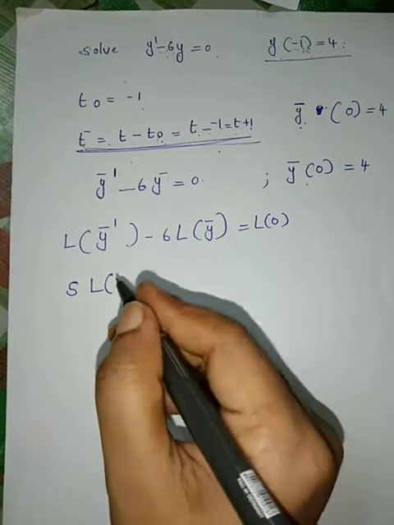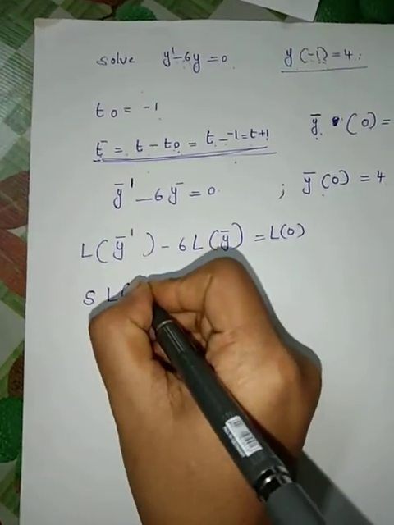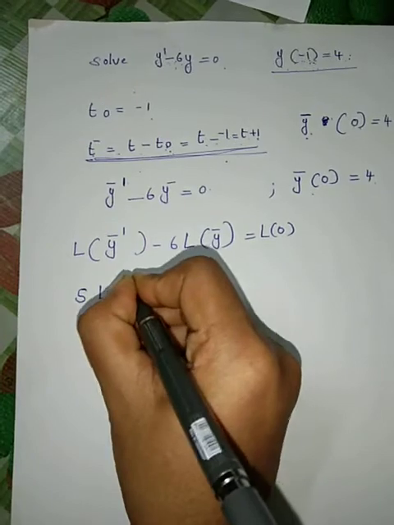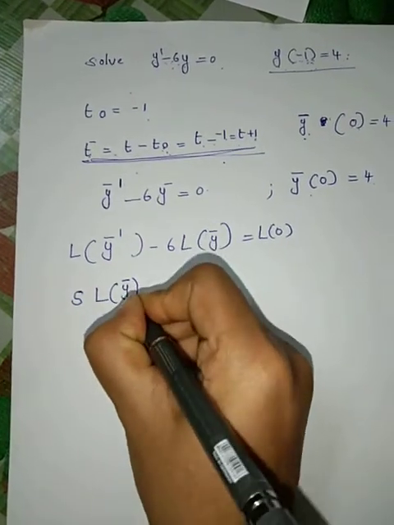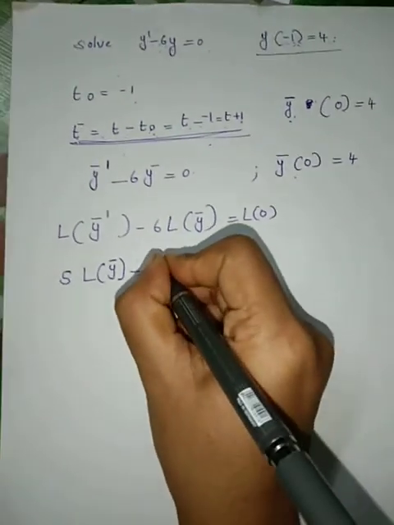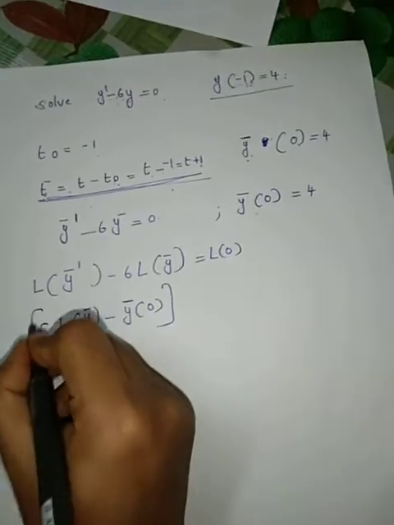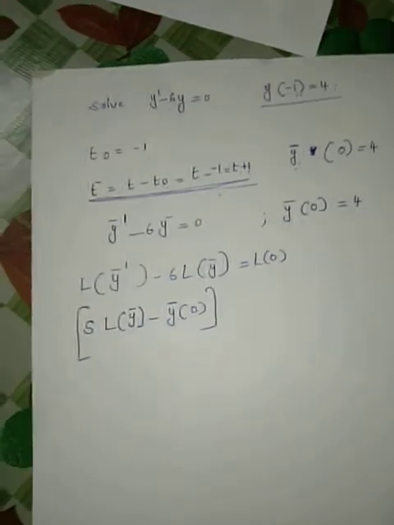Here we use L of y itself. Therefore L of y bar dash is s into L of y bar minus y bar of 0.